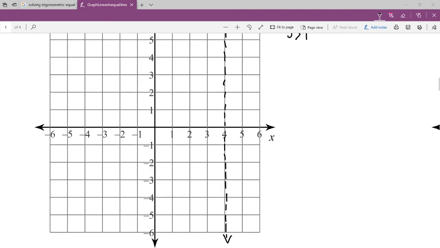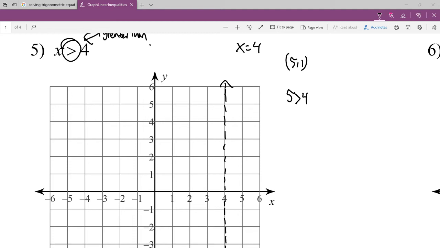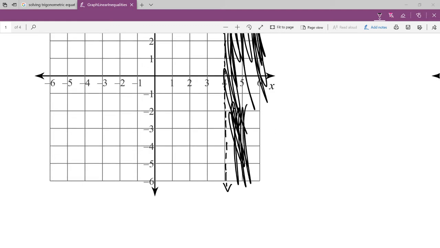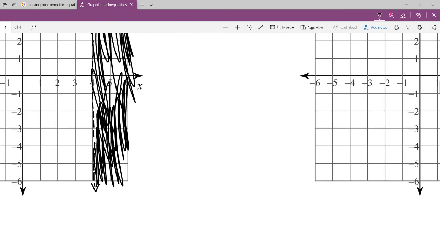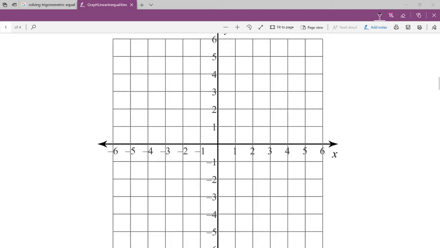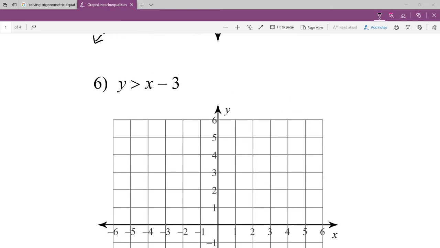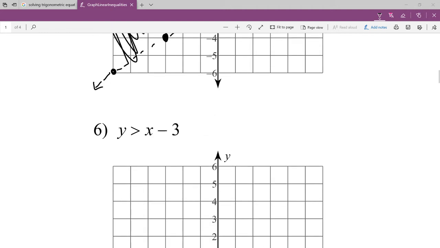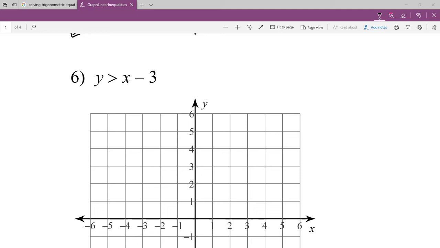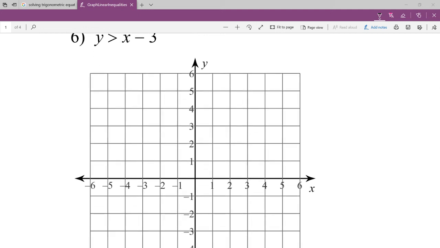So you go ahead and shade this area right here, because all of these are solutions to this inequality.